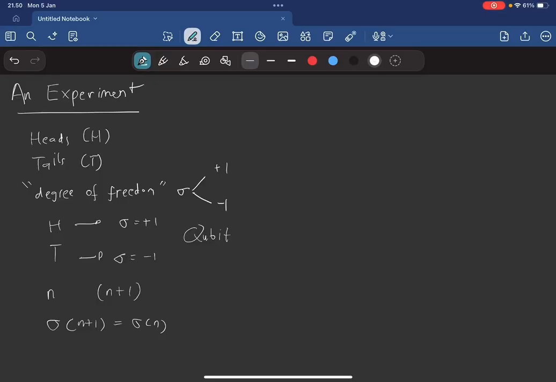Let's expose a hidden assumption that we were careless about in classical mechanics. An experiment involves more than just a system to study. It also involves an apparatus A to make measurement and record the result of the measurement.